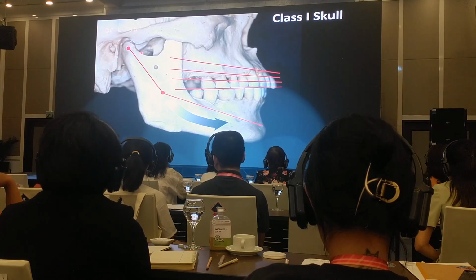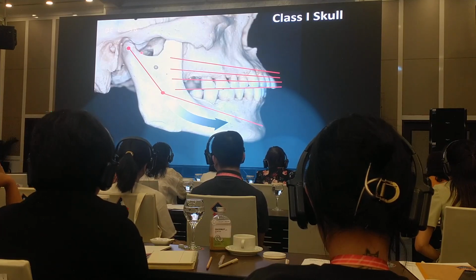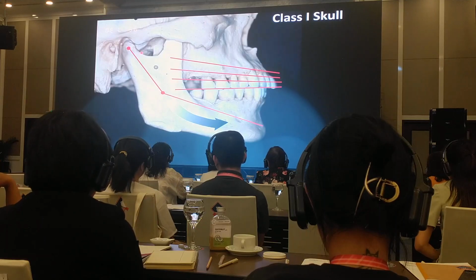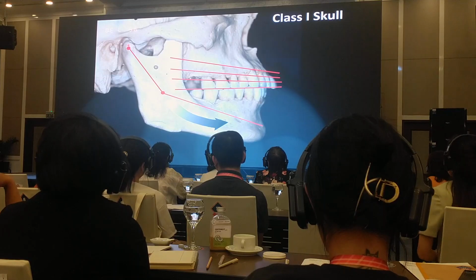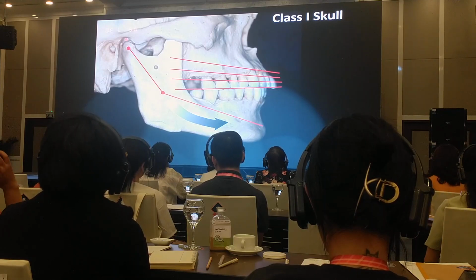Compression of the condyle cannot grow the condyle. Therefore, with mandibular forward rotation and the condyle brought down, the joint is always unloaded. This is very, very important.